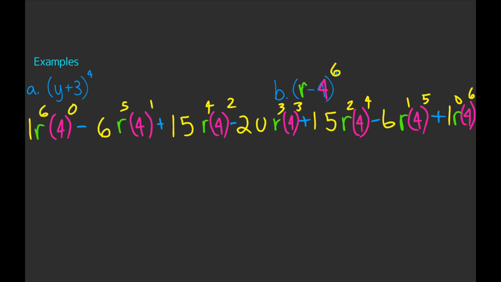Awesome. So now we are going to simplify. 1, we don't need to write that. R to the 6th. We don't need to write 4 to the 0th power because that just equals 1.